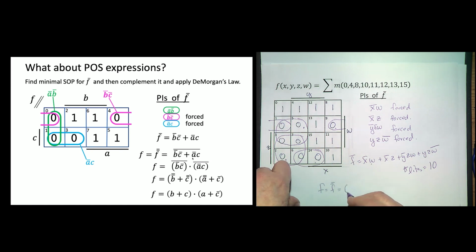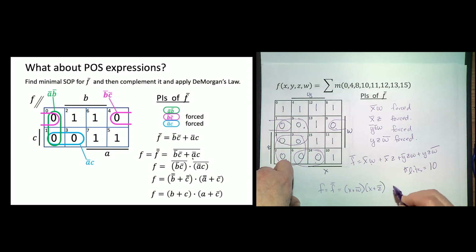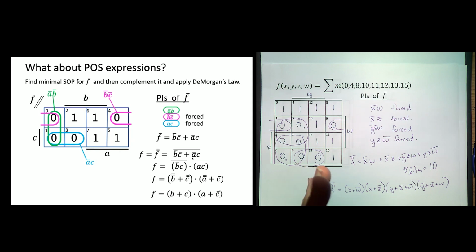So this is going to be x plus w bar, and this will be x plus z bar, and this will be y plus z bar plus w bar, and this will be y bar plus z bar plus w. The number of literals didn't change, right? Doing this does not change the number of literals in your expression.